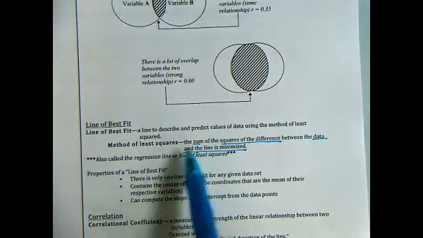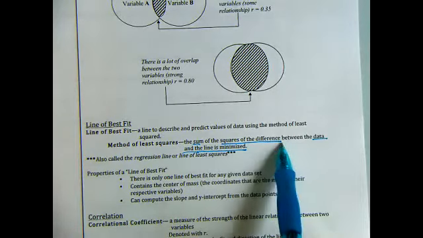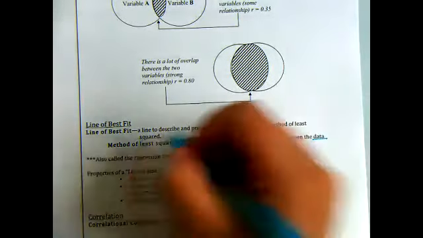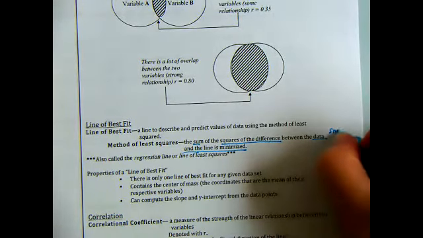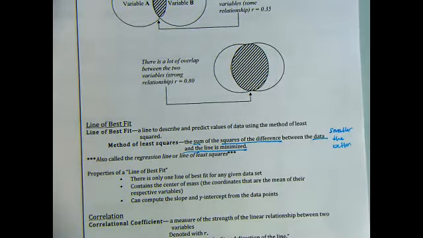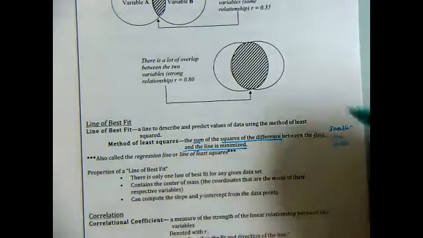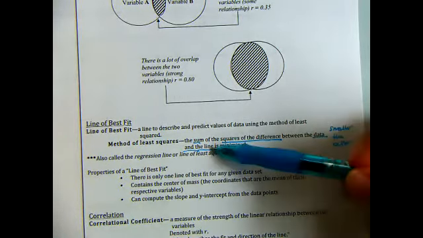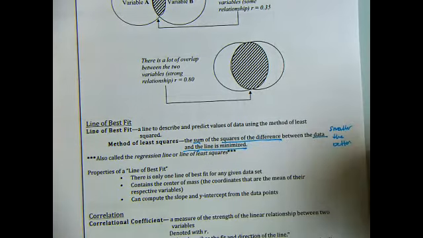So the method of least squares is when the sum of the squares of the difference between the data and the line is minimized. So the smaller this number, the better. You are essentially looking at how much the real data differs from the prediction that your line of best fit is giving you.